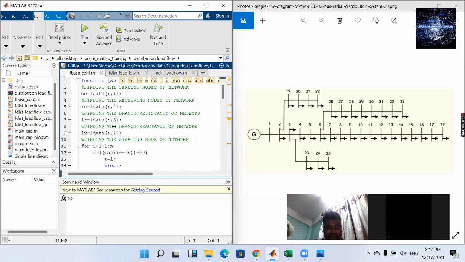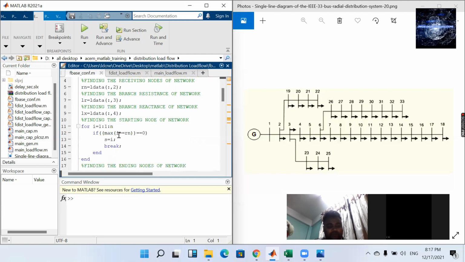Line resistance is in the third column, so we can copy the third column from L data. Again, line reactance is given in the fourth column, so we can easily copy the fourth column from L data. Now we are going to find the starting node of the network.